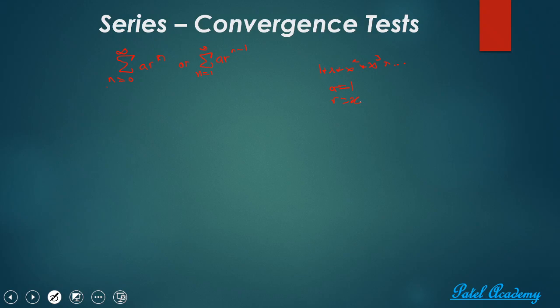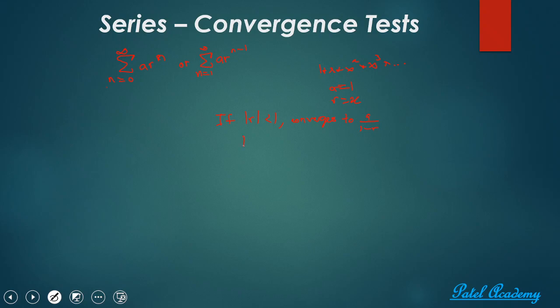Well, if you can get your series into this form, a times r to the nth, or a times r to the n minus 1, then the test says that if the absolute value of r is less than 1, then the series converges to a over 1 minus r. So this is a formula that you're going to need to know.